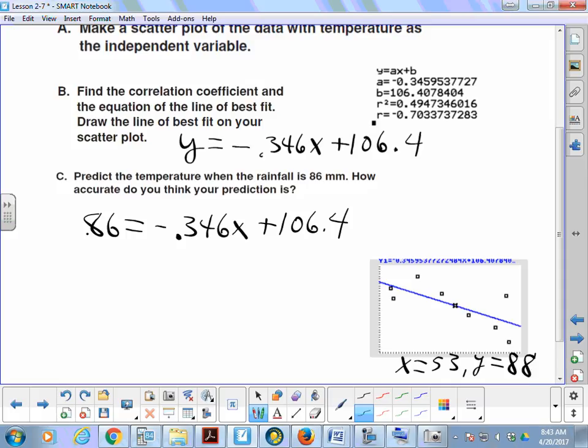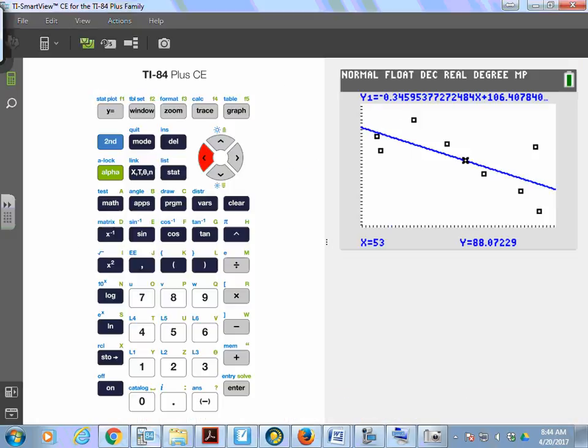All right. So it says predict the temperature when the rainfall is, how about 86 instead of 88, right? All right, let's go to 86. Sorry. All right, that's it right there. 59.